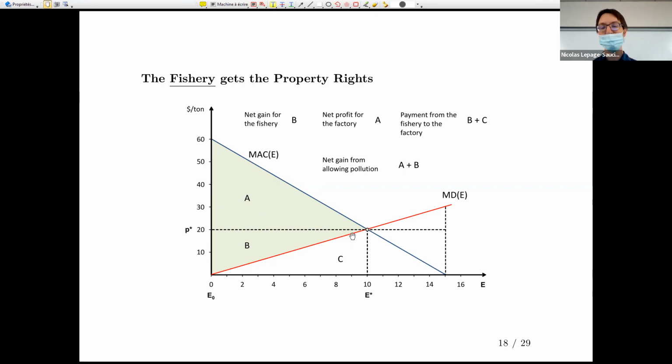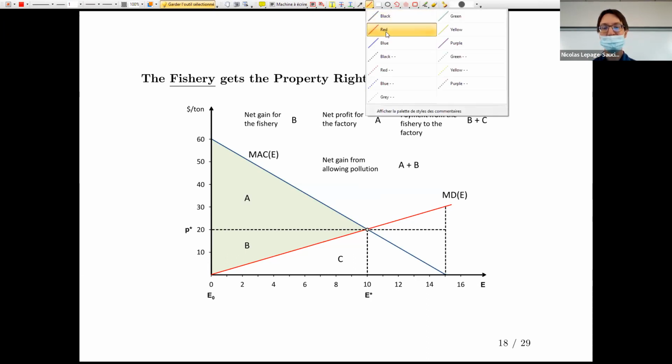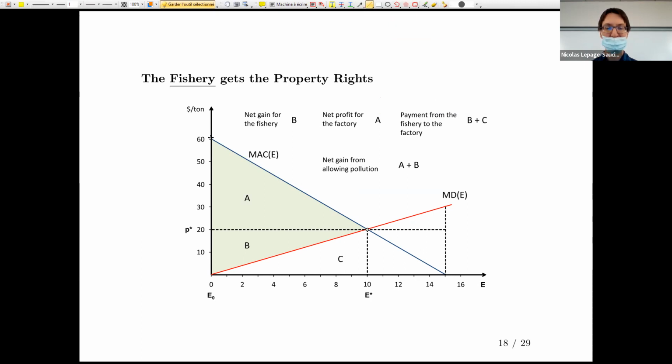What are you going to do? Well, not choose marginal damage equals marginal abatement cost. You're going to maximize the money extracted. So you would get something like this. I'm not going to put that in the exam because it's more advanced. This is 15, so you would get 7.5.